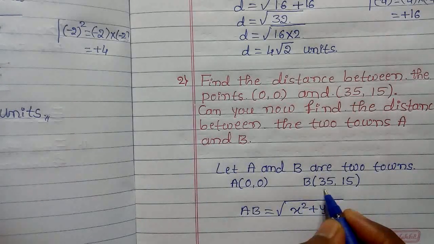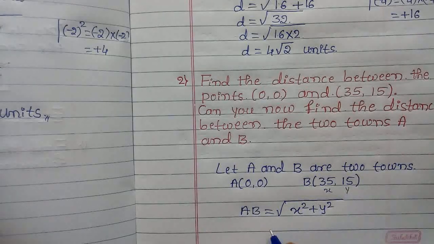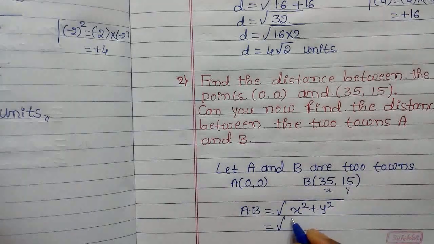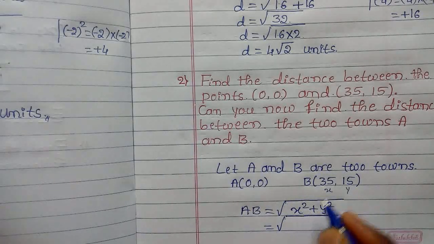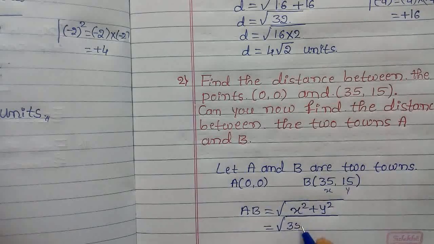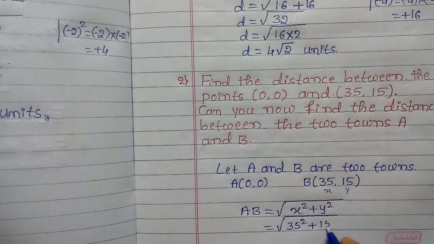Here x is 35 and y is 15. Then the distance between the two towns A and B is equal to the square root of x square, meaning 35 square, plus y square, meaning 15 square.